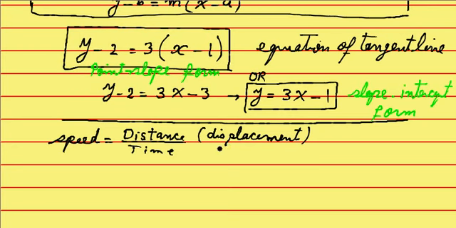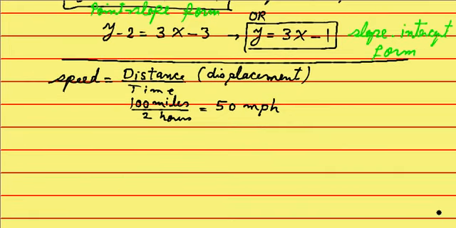Displacement divided by the length of time it took for the trip. So if you go on a trip and you go 100 miles and it takes 2 hours, you say you traveled at the speed of 50 miles per hour. So this speed is really a ratio that is obtained in a manner similar to the way we obtained slope. We are going to do another problem related to this.